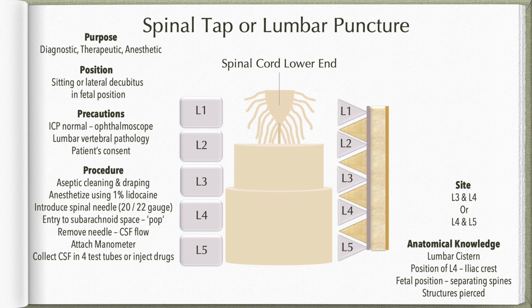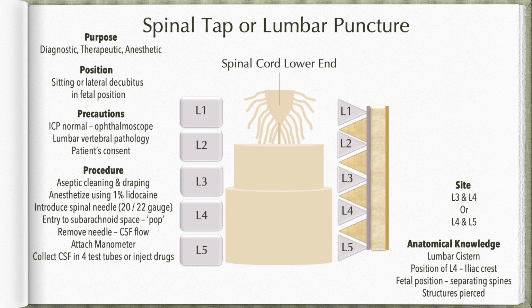So the first thing you do, once the patient has been made to lie down or take a sitting position, is clean the back area with complete aseptic precautions and drape the area. Anesthetize the back using 1% or 2% lidocaine. Do the entire procedure wearing gloves and mask. You, as a doctor, should not introduce infection to the subarachnoid space.